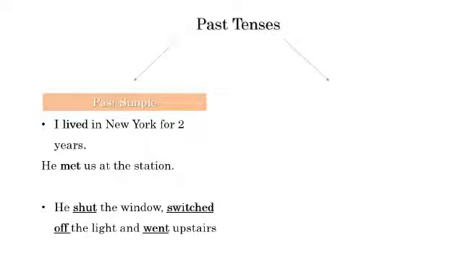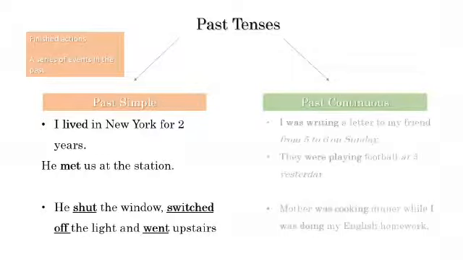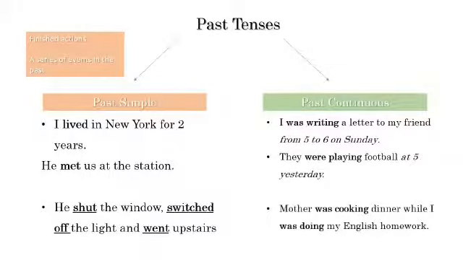Okay, but what about past continuous? The past continuous tense is usually used when you want to emphasize the continuity of the action. The past continuous tense is also used to express what was happening at the precise moment in the past. For instance, I was writing a letter to my friend from 5 to 6 on Sunday.